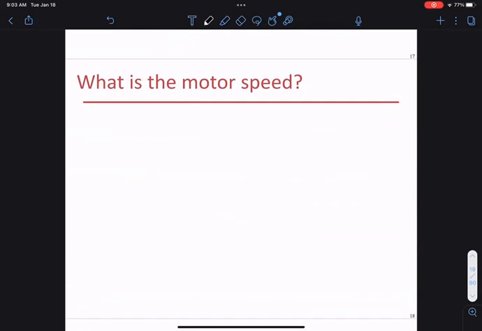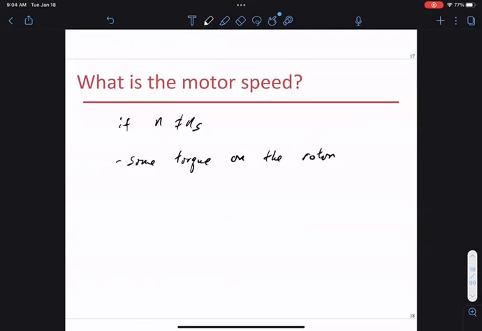So if the speed of the motor is not equal to the synchronous speed, there will be some net torque on the rotor. This will basically speed up or slow down the rotor.